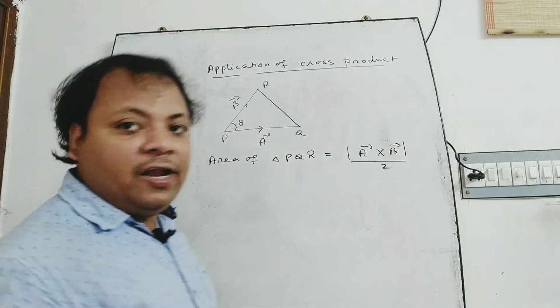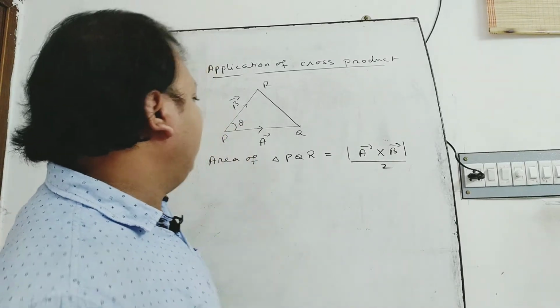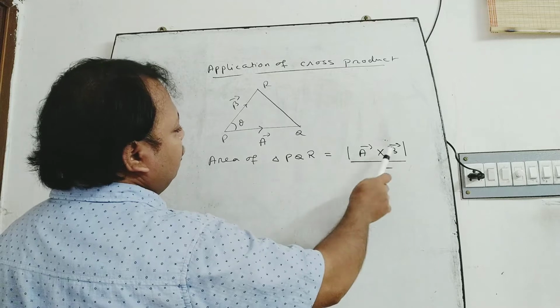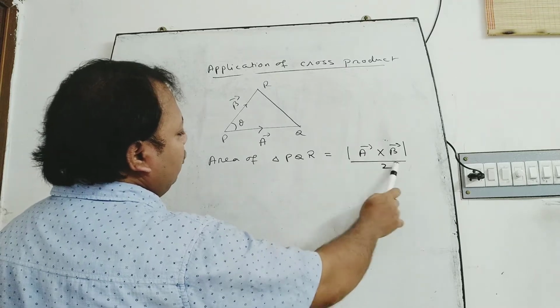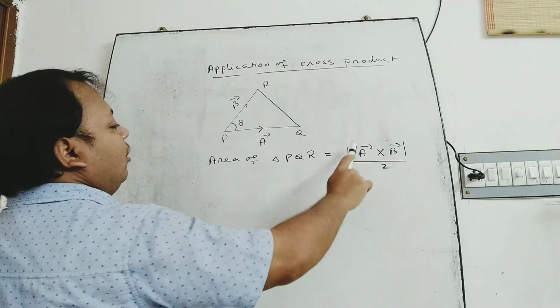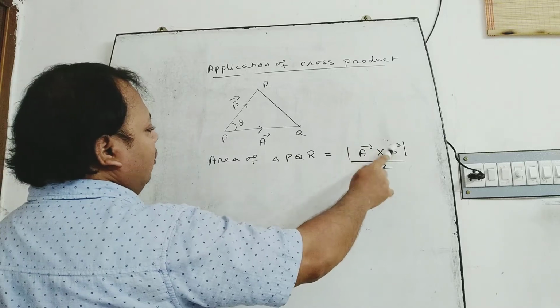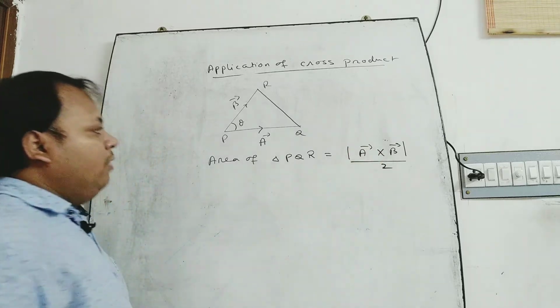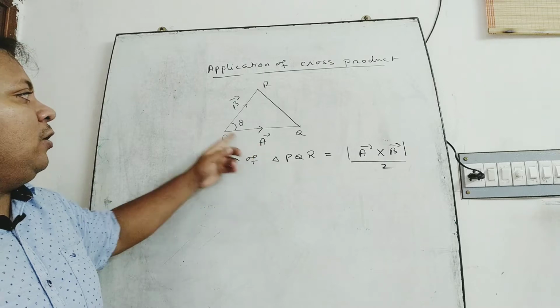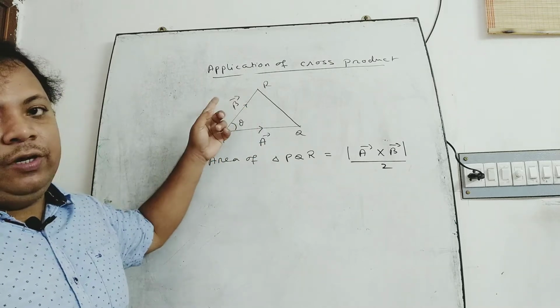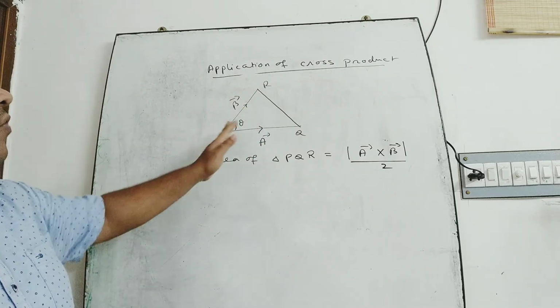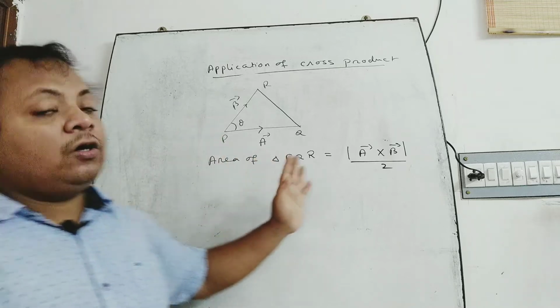Similarly, the area of the triangle PQR is equal to the magnitude of A vector cross B vector times half, that is, modulus of A vector cross B vector divided by 2. Here PQ is denoted by A vector and PR is denoted by B vector. And the area vector of the triangle is equal to A vector cross B vector.